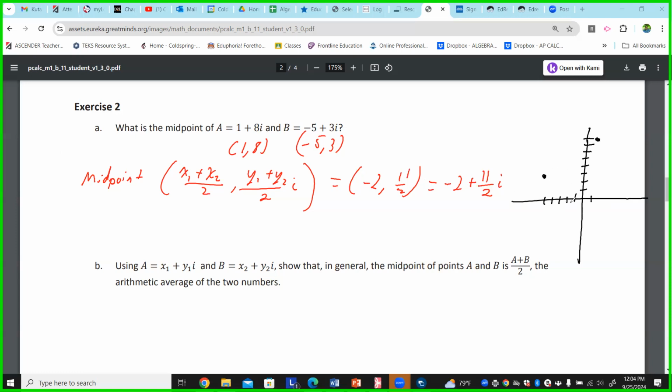If I wanted to graph the midpoint, this would be 2 over and then up 5.5, which is roughly right there. Would you argue that that point in the middle is about the midway point of those two points? Yes. So we know we've done our math correctly. If this point is somewhere not even in line with those two points, you might want to check your work. It's usually going to be a sign situation, not a math situation, where you didn't carry over a negative correctly. Confusion at all? All righty, let's move on.